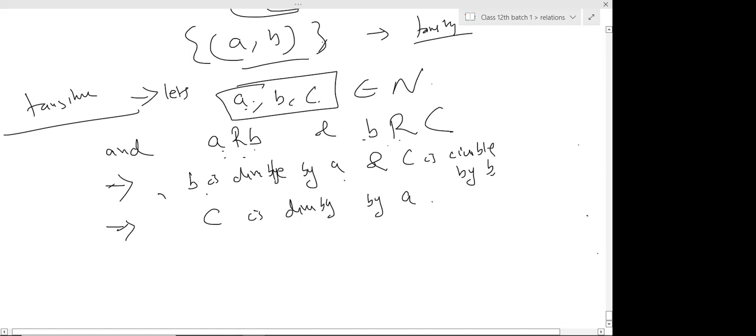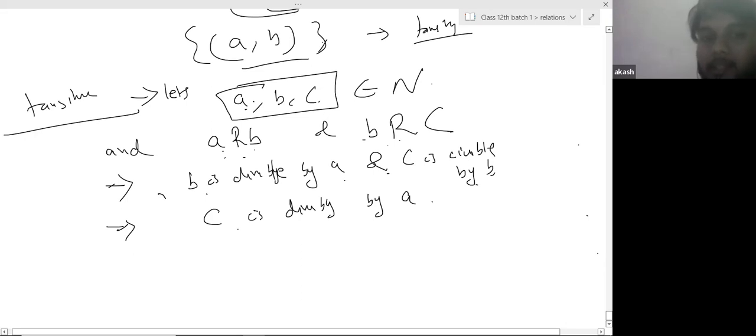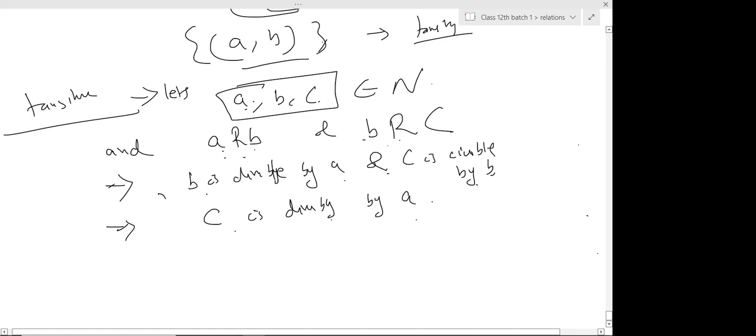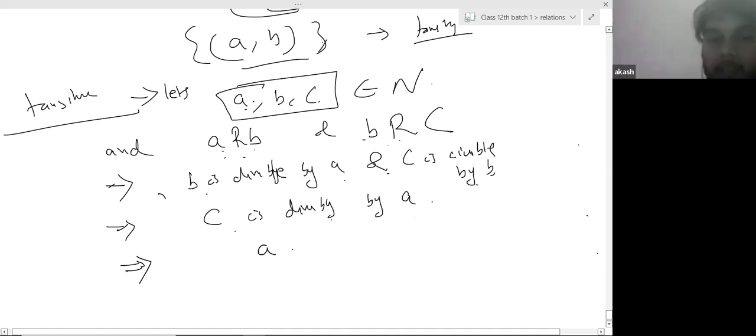If B is divisible by A and C is divisible by B, that means C is divisible by A. Everyone is clear with this thing? Yes, sir. That means A is related to C or not? Yes, sir, it is.